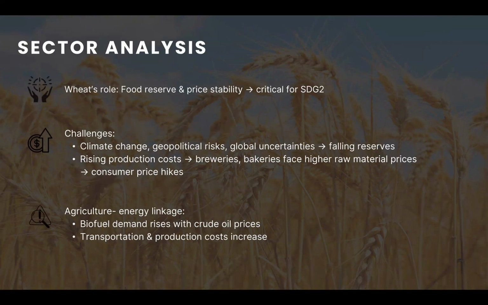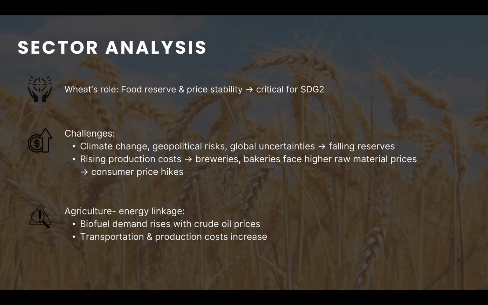From a sector perspective, wheat is essential for global food reserves and achieving SDG 2. However, climate change and geopolitical uncertainty are reducing reserves and raising the risk to food security. Rising wheat prices also put pressure on food producers like bakeries and beer producers, who face higher costs that are passed on to consumers.